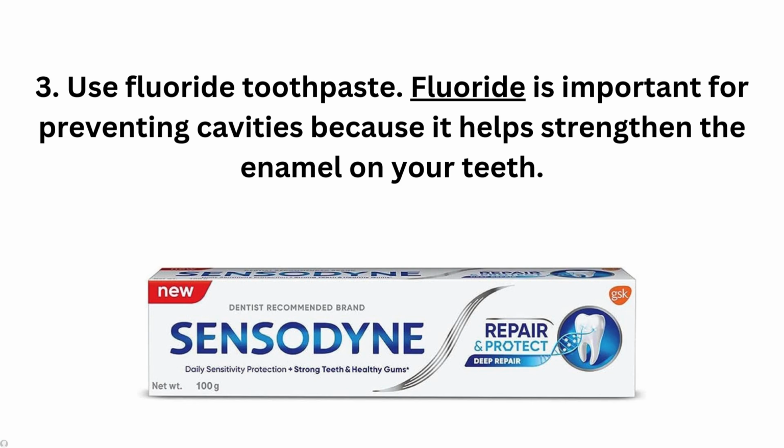Number 3, you need to use a fluoridated toothpaste, or a toothpaste that contains fluoride. Why is that? Because fluoride is important for preventing cavities, because it helps to strengthen the enamel on your teeth. And this type of toothpaste that you can see in the picture, Sensodyne toothpaste, is the one that all dentists, and me myself, I recommend you to use.